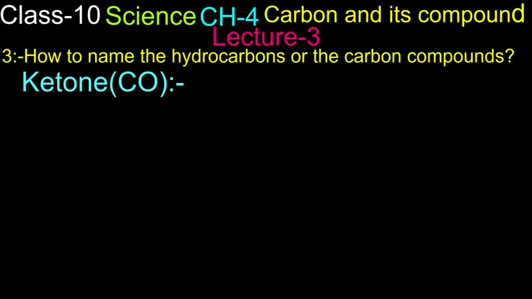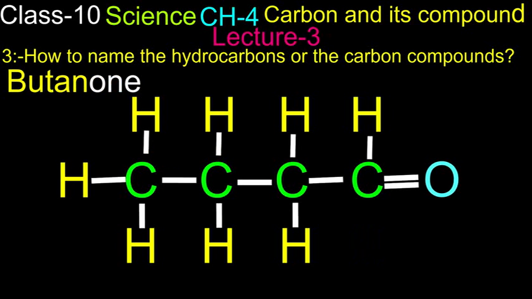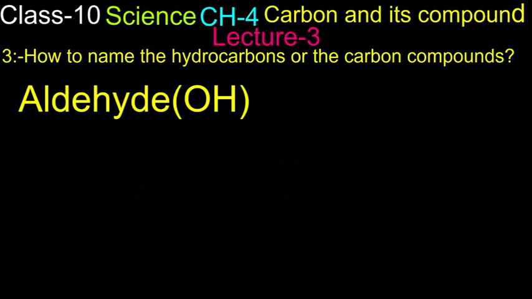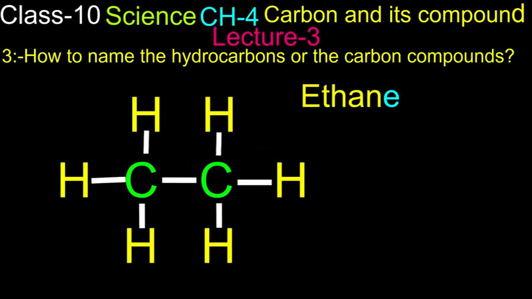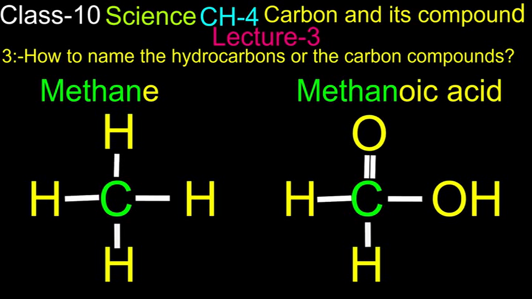And in case of ketone or CO group, ONE is the suffix used, means butane becomes butanone, and so on. And in aldehyde, AL instead of E, means methane becomes methanal, and so on. And if it's carboxylic acid, then the name is suffixed by oic acid. For example, methane, here E is replaced, becomes methanoic acid.